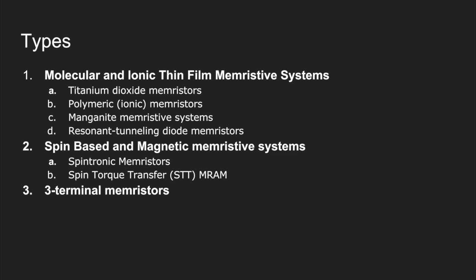There are many different types of the memristor, one being molecular and ionic thin film memristive systems. These are made out of titanium dioxide memristors, polymeric memristors, manganite memristive systems, resonant tunneling diode memristors. The second is spin-based and magnetic memristive systems.